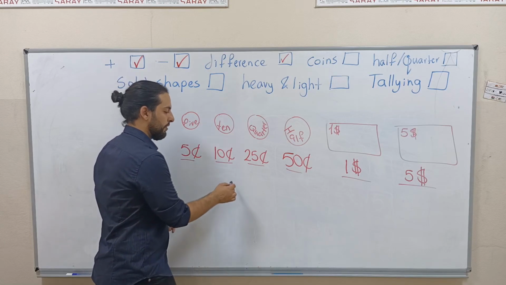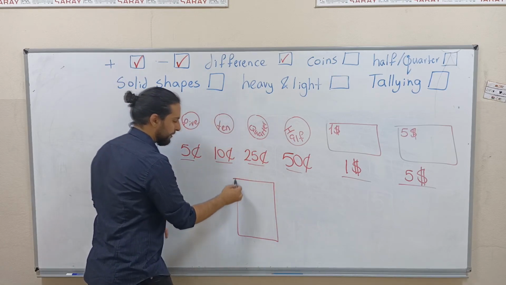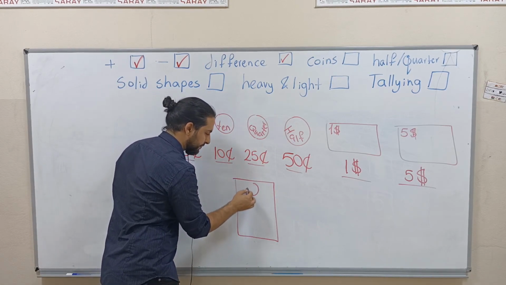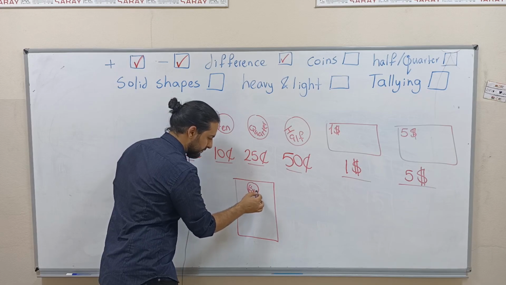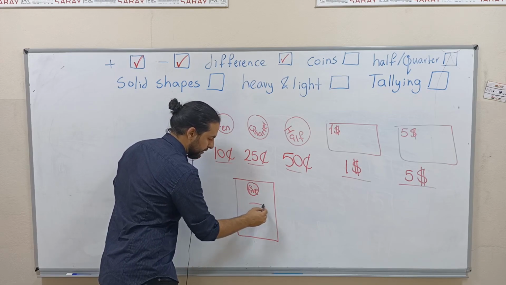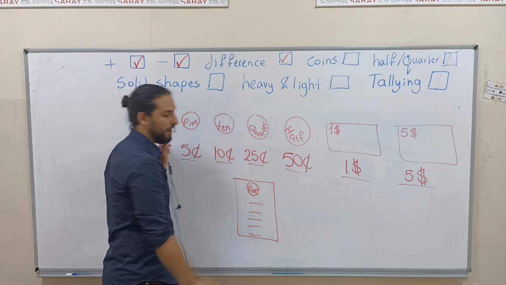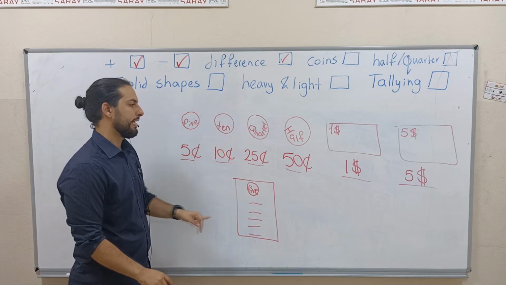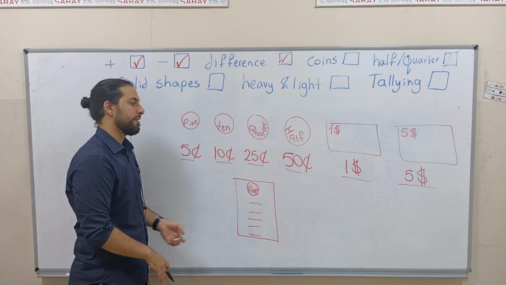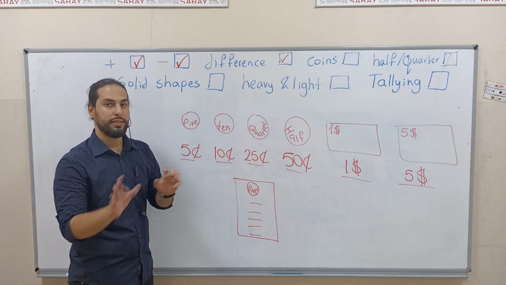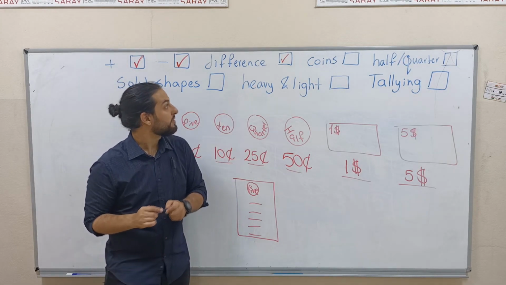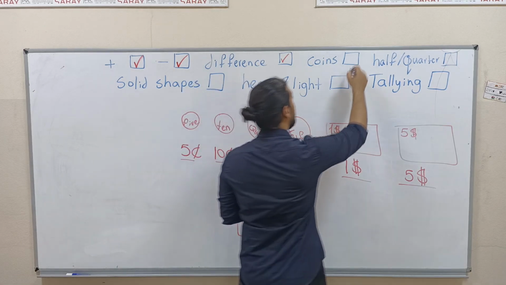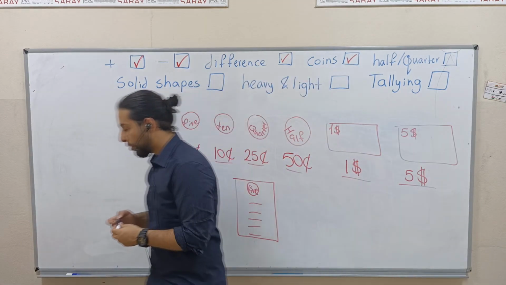You can write these on a piece of paper. You can draw them. And your children have to write it like 1, 2, 3, 4, 5 times or 6 times until they get it. And afterwards you can test them and see if they get it. So this is the fourth thing that we have to go through, which is coins.